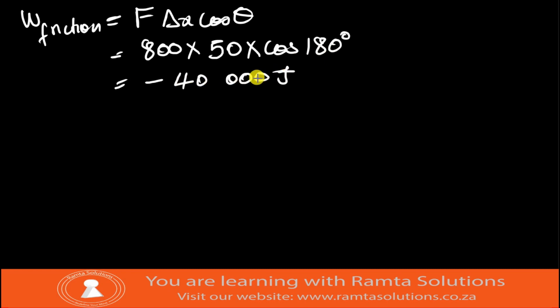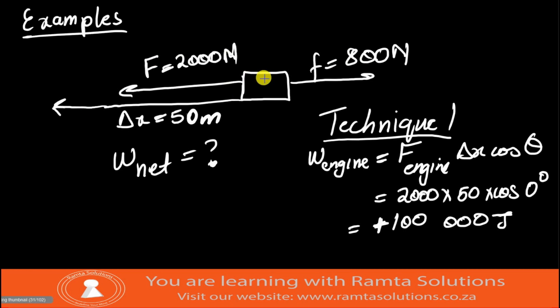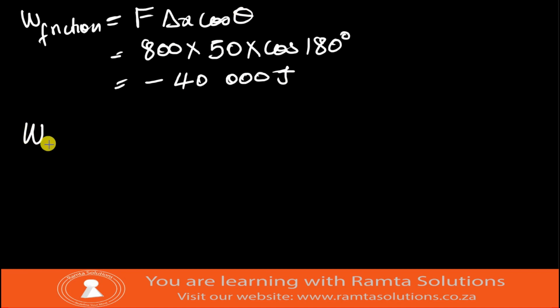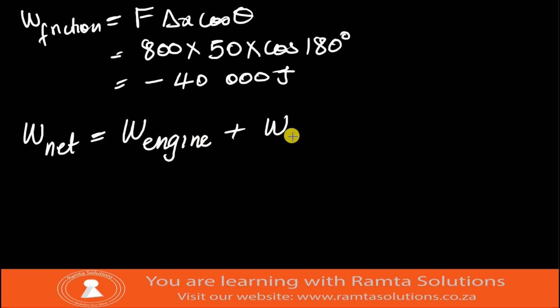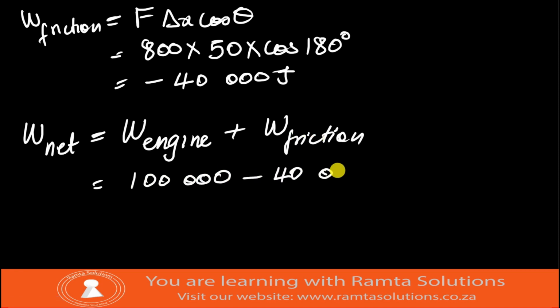So it's negative 40,000 joules. Now, these are the only forces that are acting on the object, because normal force and gravity don't do any work on the object. To find net work, we will say net work is equal to work done by the engine plus work done by friction. That was positive 100,000, and friction was negative 40,000.